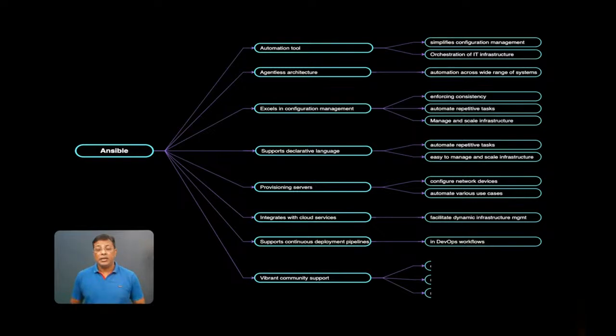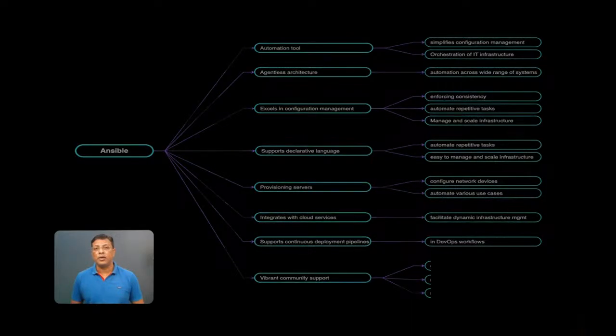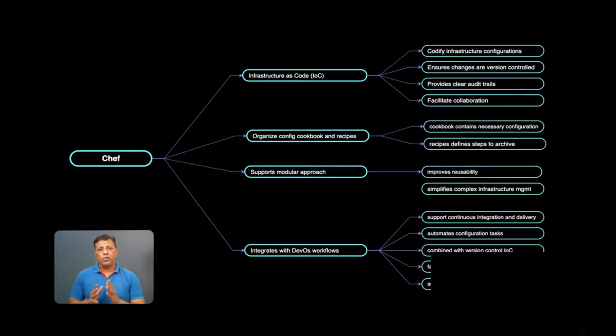These modules, coupled with Ansible's adaptability, empower users to configure and manage systems efficiently. Chef, a popular configuration management tool, embraces infrastructure as code principles. Chef leverages the infrastructure as code approach, enabling users to codify infrastructure configurations.